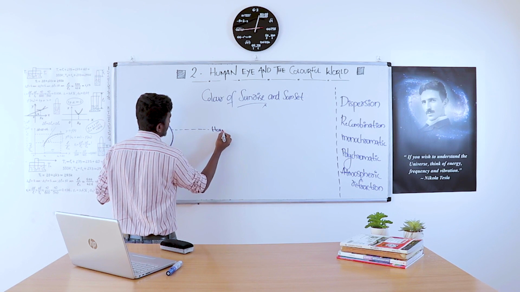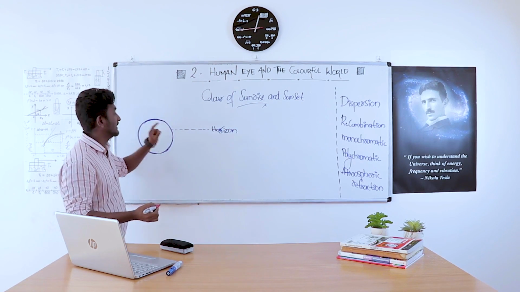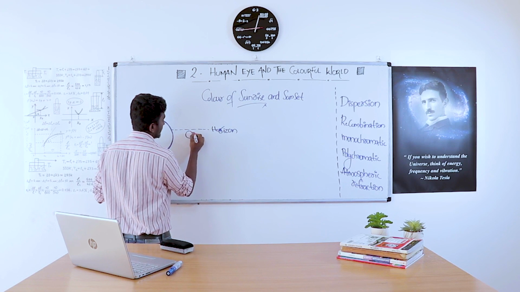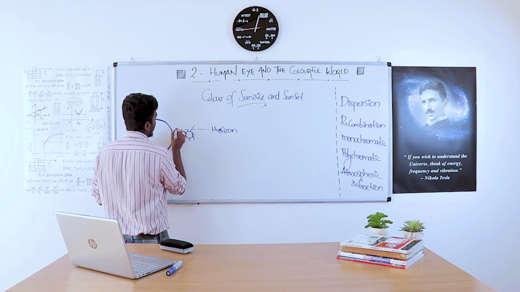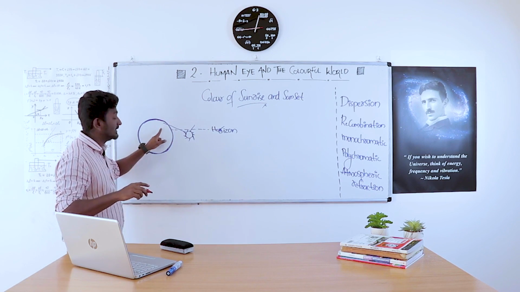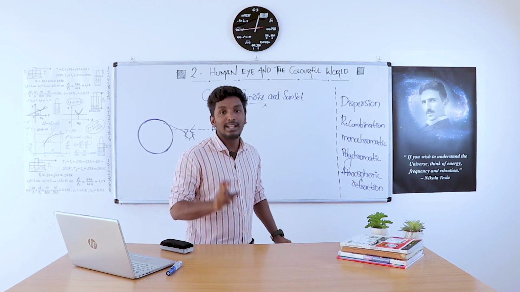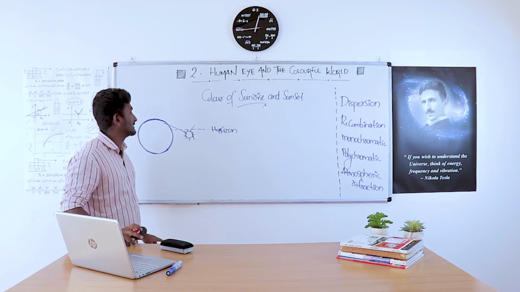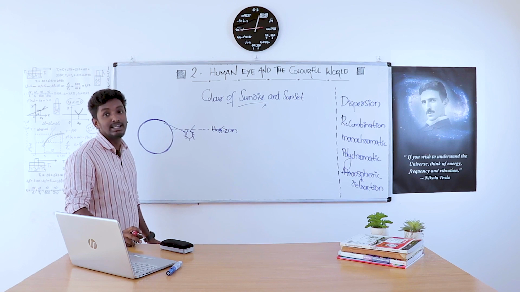Consider this as the horizon. But when the sun is below the horizon, this is the sun. Sunlight from the sun reaches Earth, and when this sunlight passes through the atmosphere of Earth, atmospheric refraction happens.